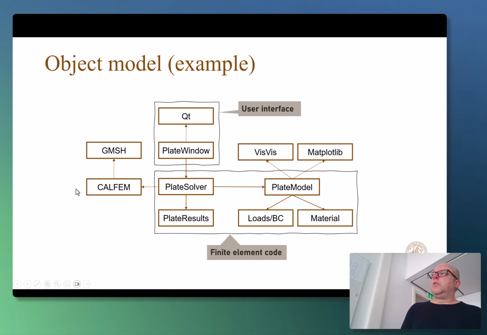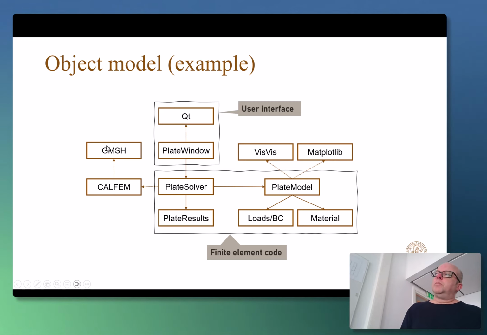We have Colfem to implement the computational solver. We have visualization libraries like Matplotlib and VisVis, which we are going to use when we visualize the model. We will do the window or the user interface in something called Qt, which is a user interface library. And the mesh generation is done by GMSH.